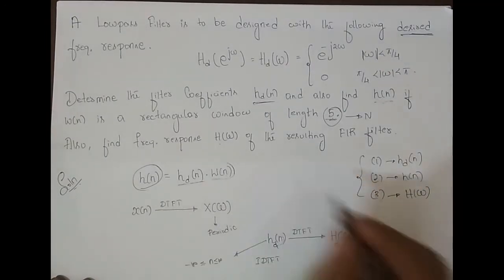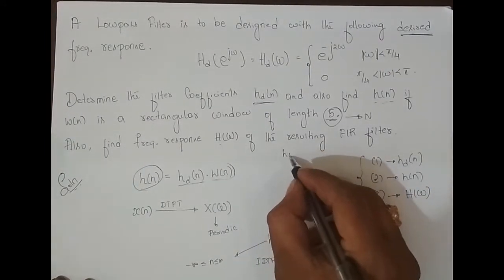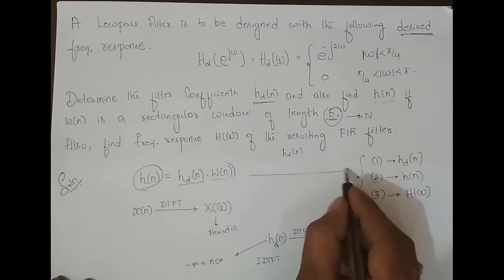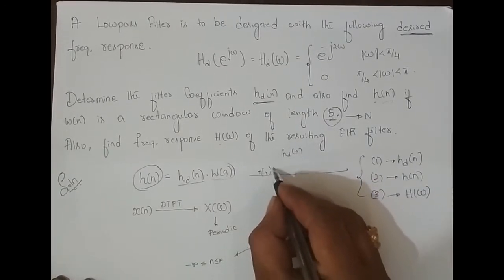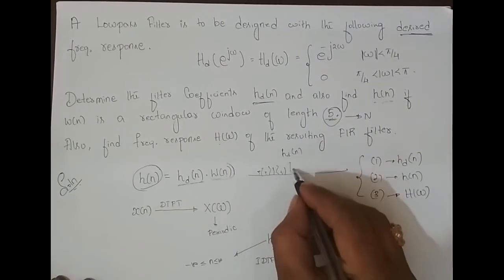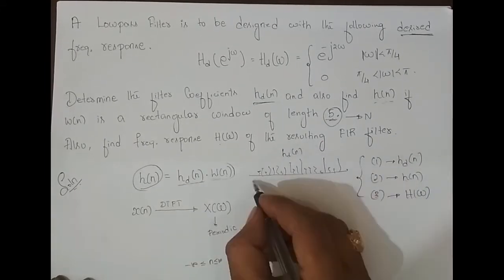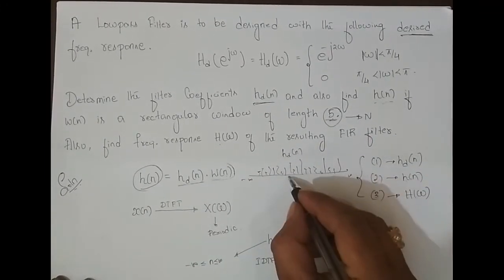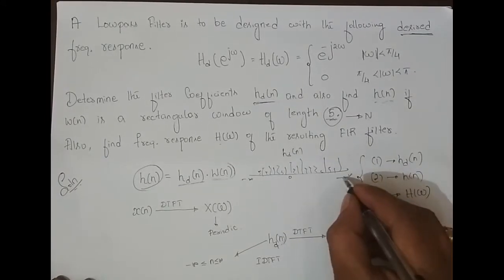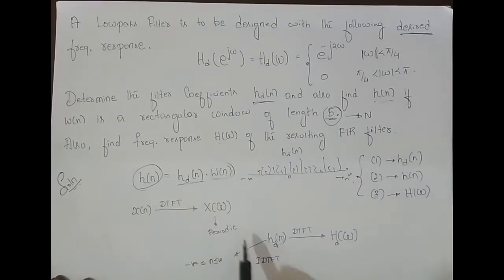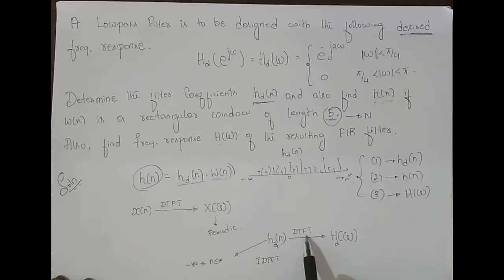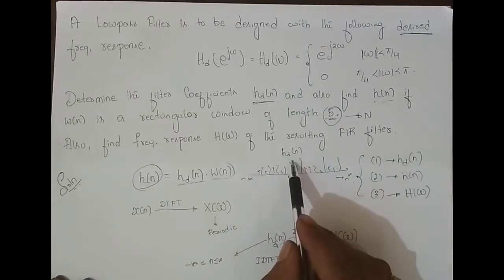So this HD of n is varying from minus infinity to plus infinity. Let me plot a random sample just to show that. If this is 0 and this is n, once I take the inverse discrete time Fourier transform, I end up with something like this.